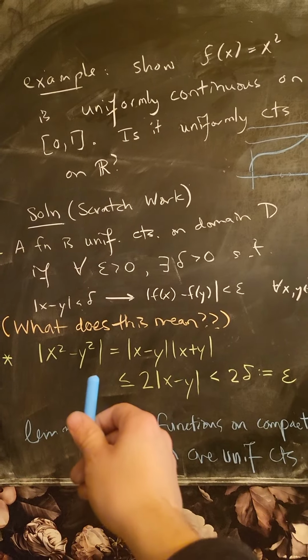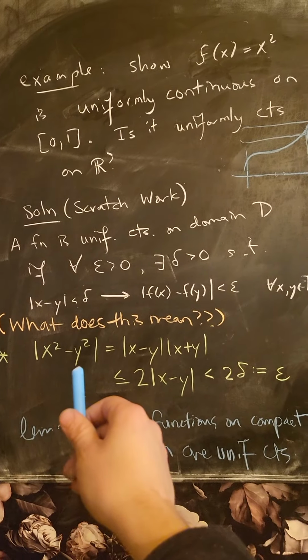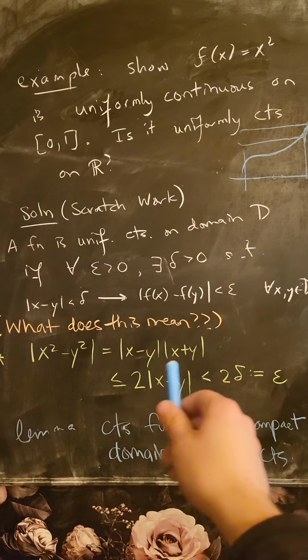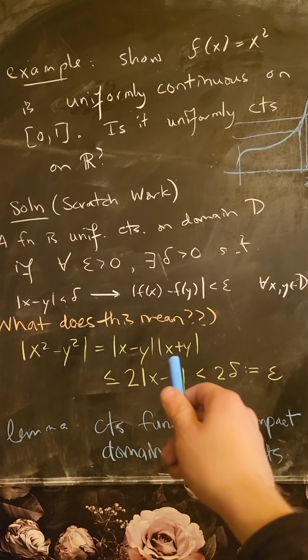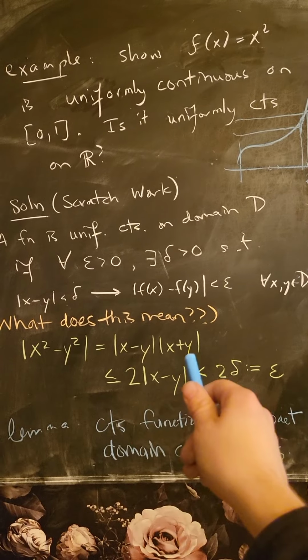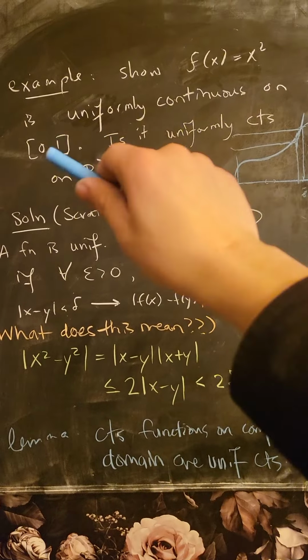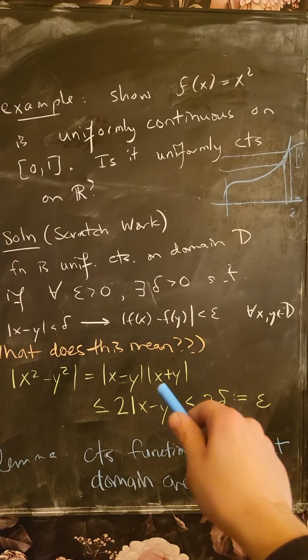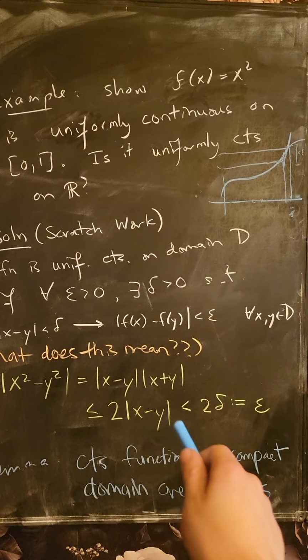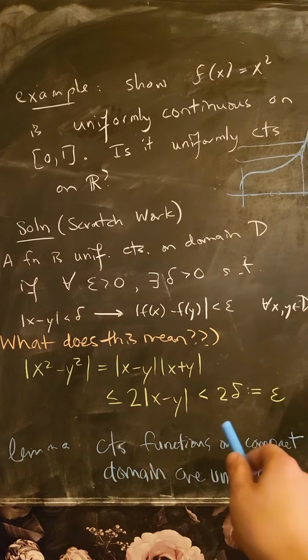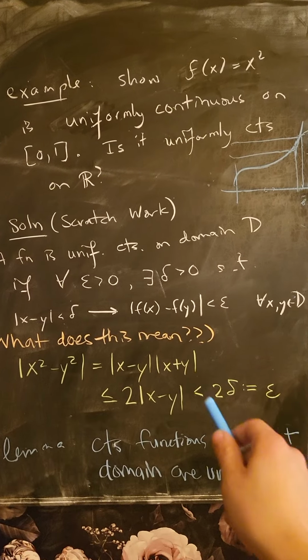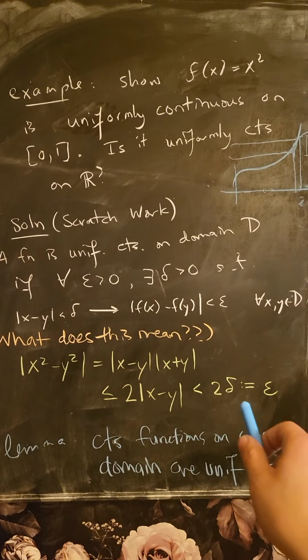Specifically, I'm unpacking it algebraically, okay? So I unpack this expression algebraically by factoring x squared minus y squared, okay? And then, I can bound x plus y above by 2 because x and y belong to the domain [0,1]. So I can bound this x plus y above by 2. And then this x minus y, I can bound it by delta, right? And then choose my uniform delta to be epsilon over 2.